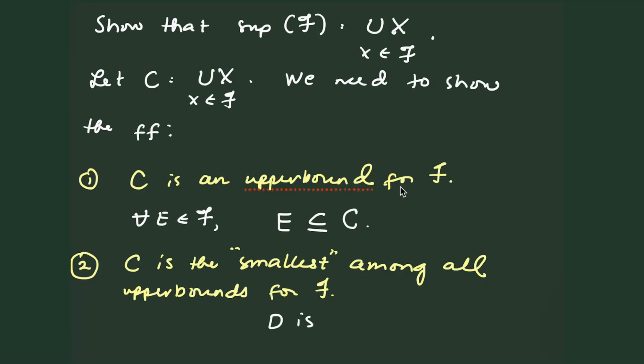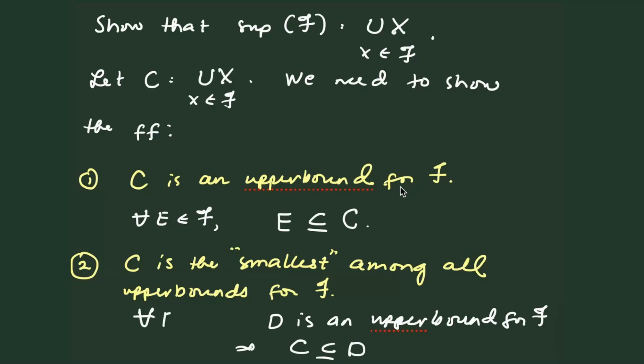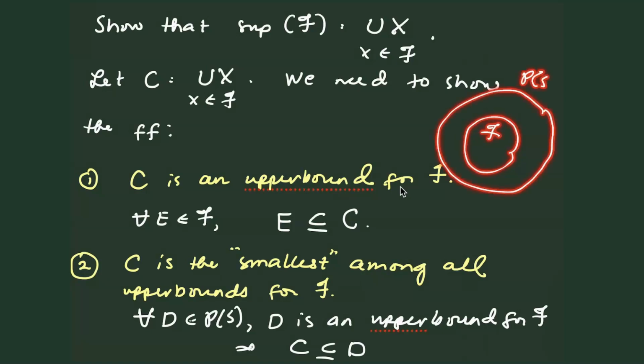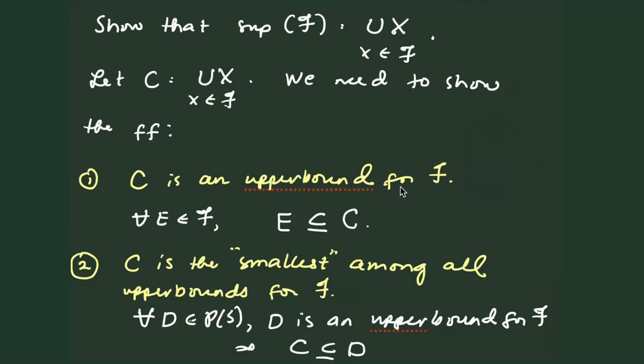If D is an upper bound, then C has to be less than or equal to D. What would be the quantifier here? For all D in, where is D? D is in the power set of S, correct? Because our diagram here is that this is my F and this is just inside the power set of S.